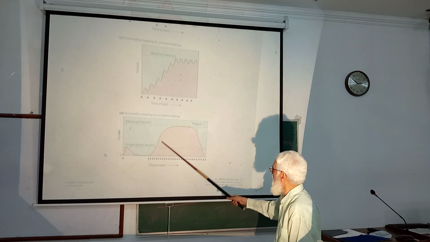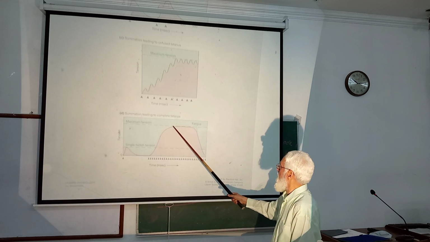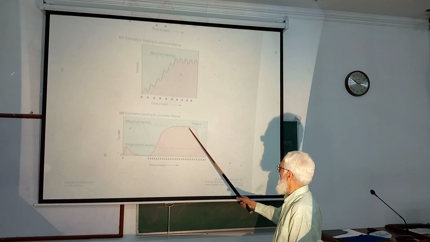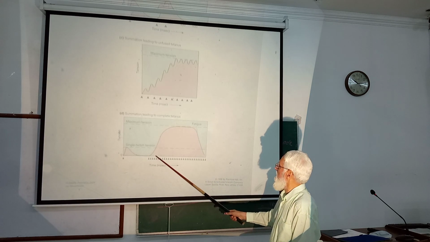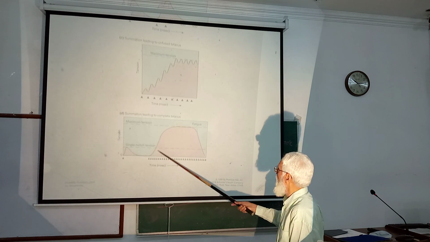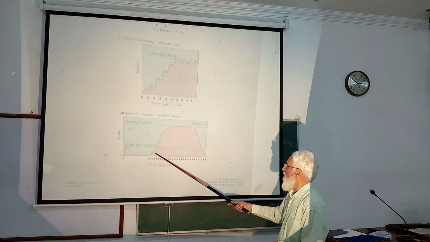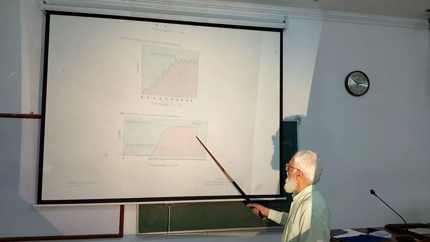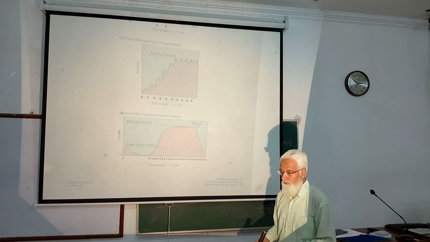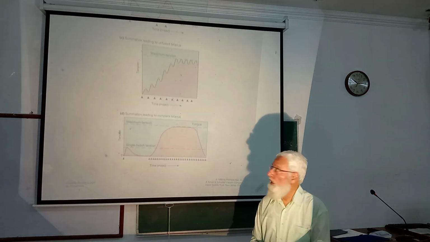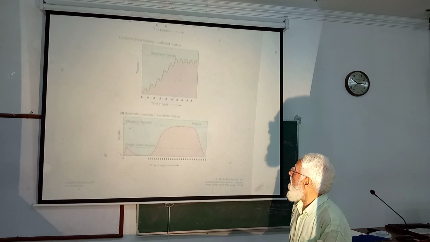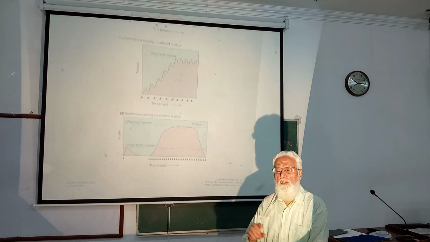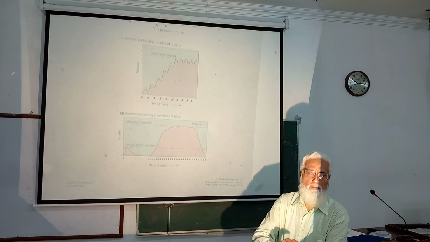And what we see here is that in complete tetanization, the muscle tension is increased 4 to 5 times. So this was about the tetanization and the fusion of muscle twitches.